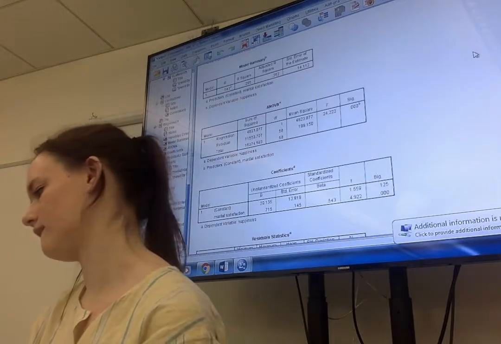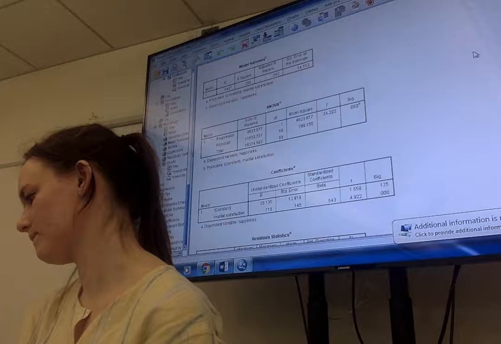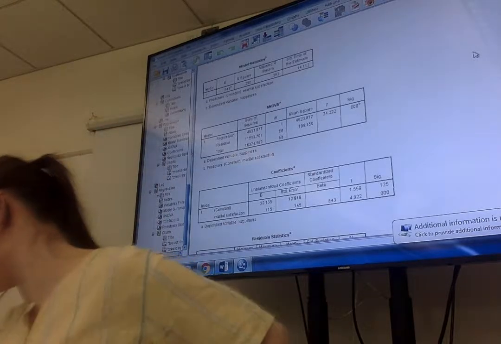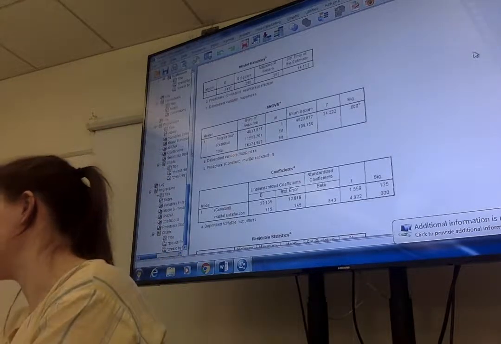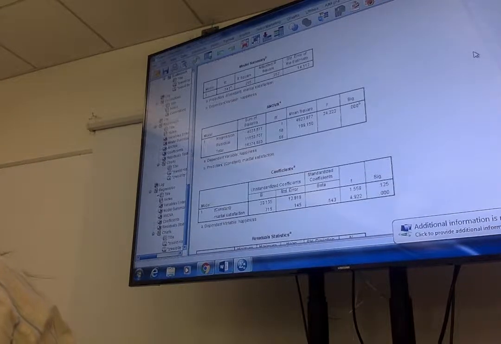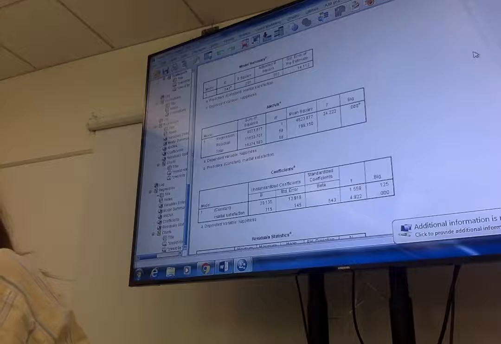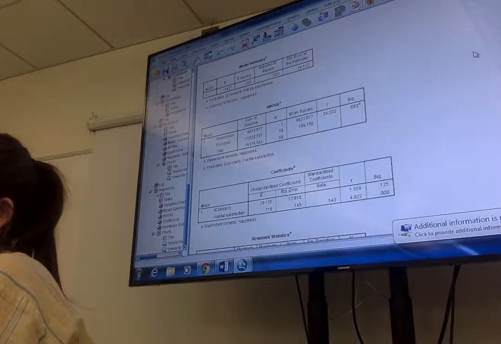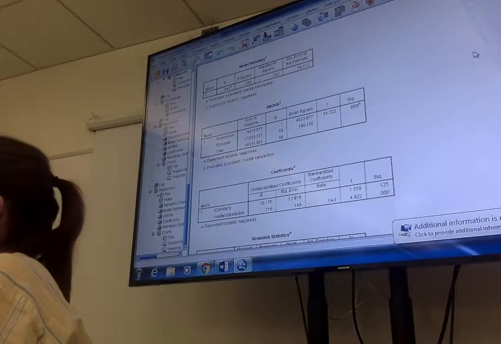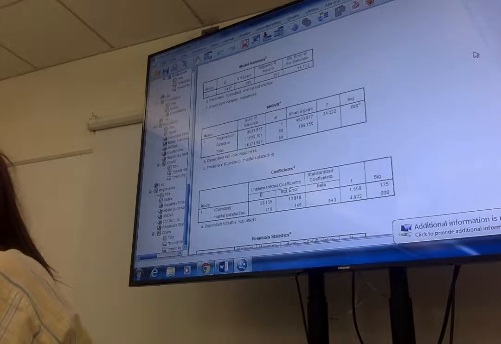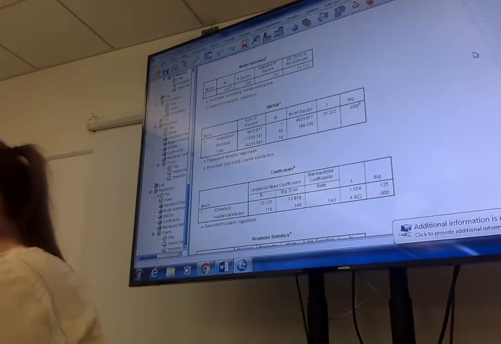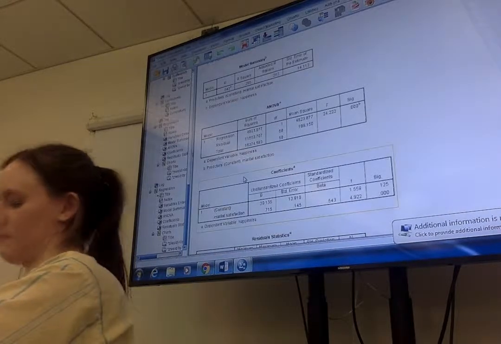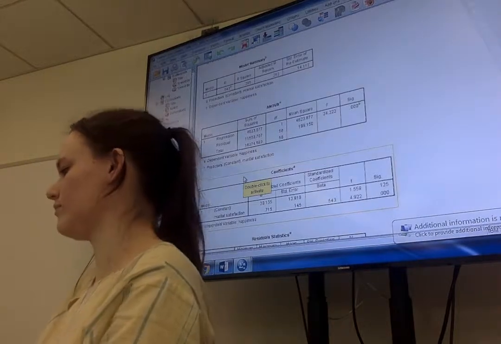Overall, in the population, happiness predicts marital satisfaction, or the opposite way, marital satisfaction predicts happiness, for males and females combined, but not separately.